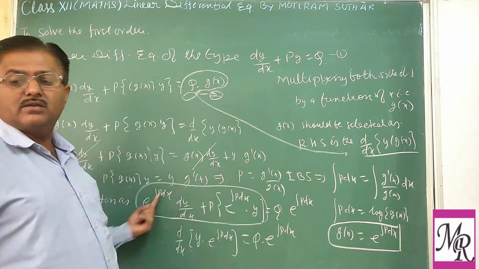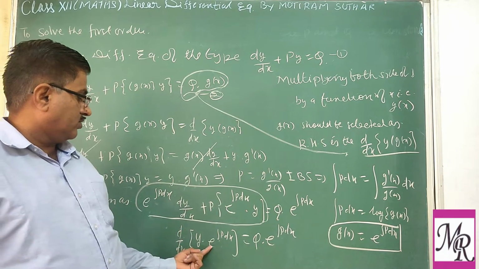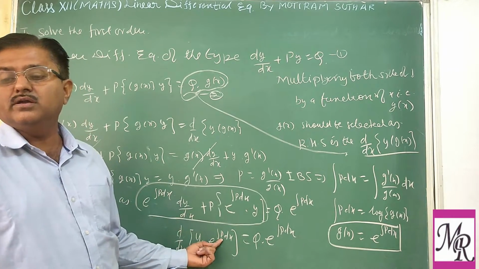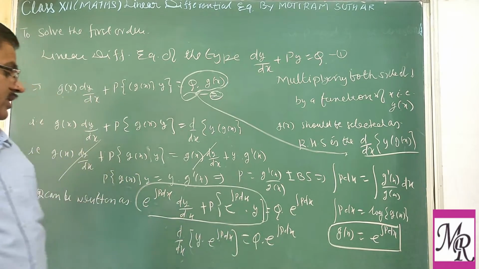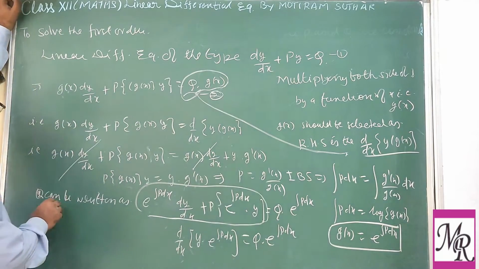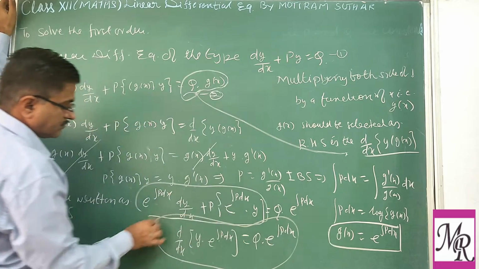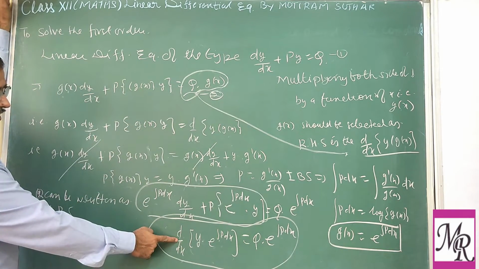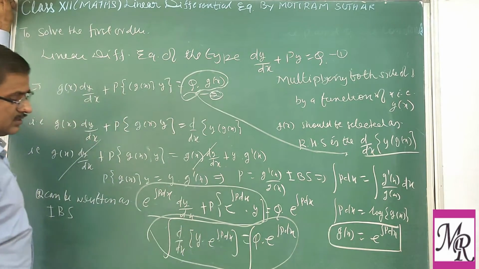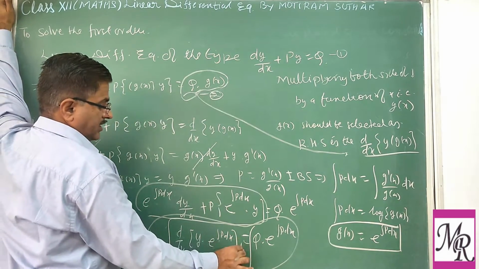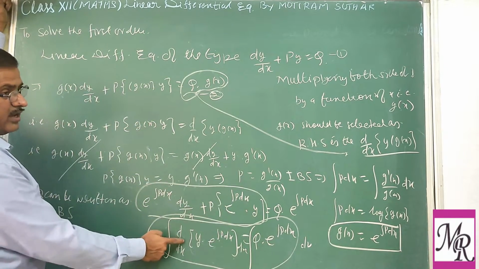So the left hand side can be written in short form as d by dx of y into e to the power integration of p dx, equal to q e to the power integration of p dx. Now integrating on both sides, integration and derivative cancel out, with dx here and dx here.